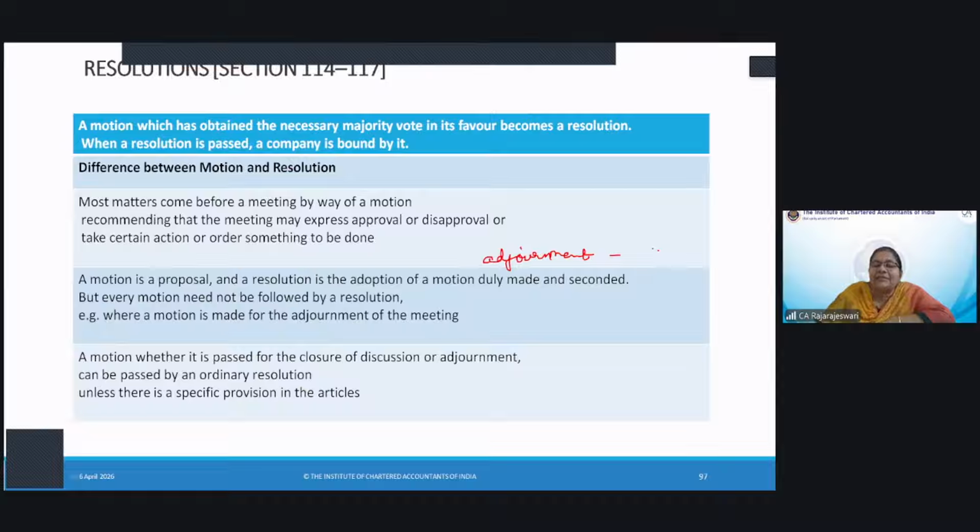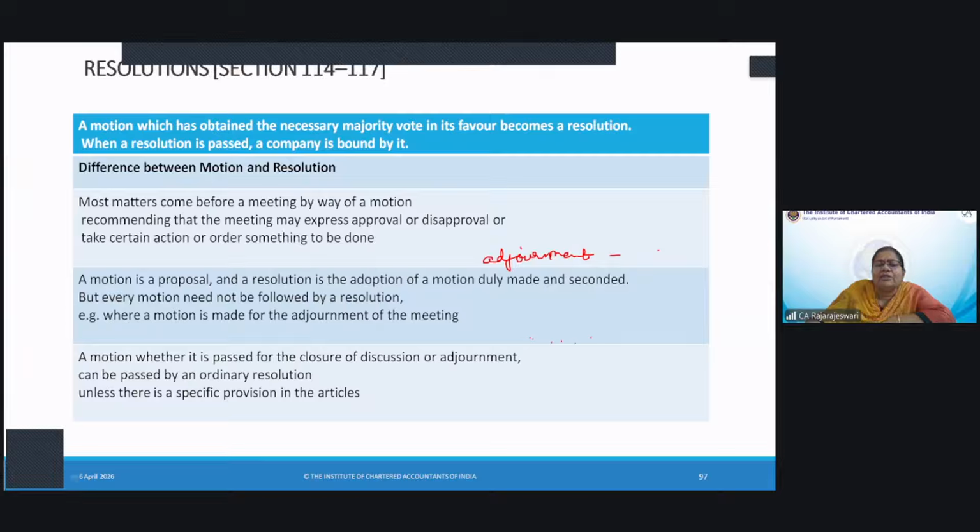Where it is passed for the closure of discussion or adjournment, you can pass it as an ordinary resolution. Suppose the company members have asked for a motion, or one person has come out with it, and another person seconds it.